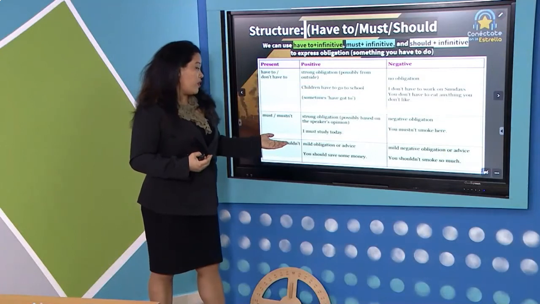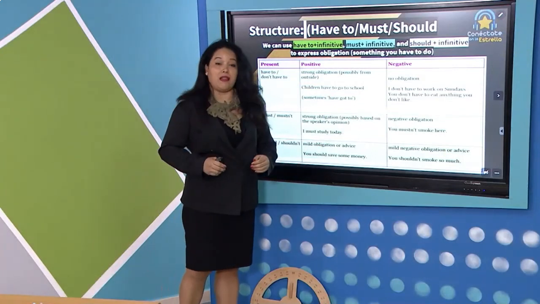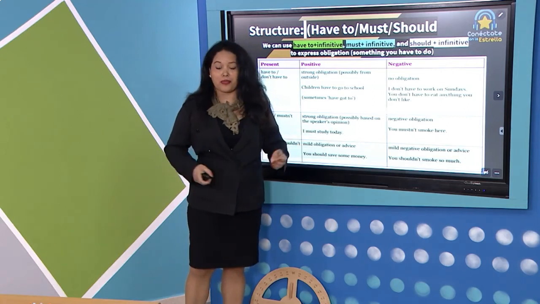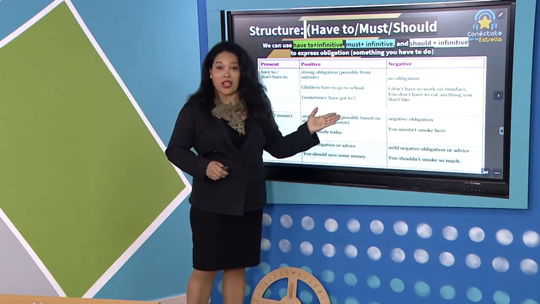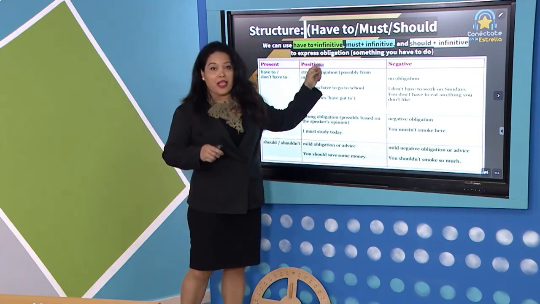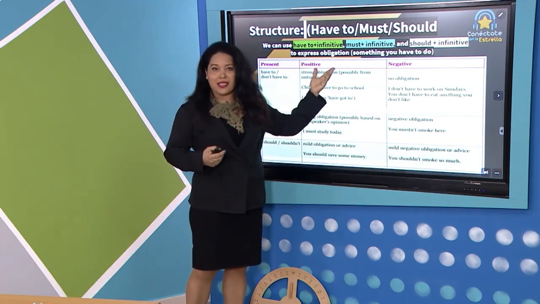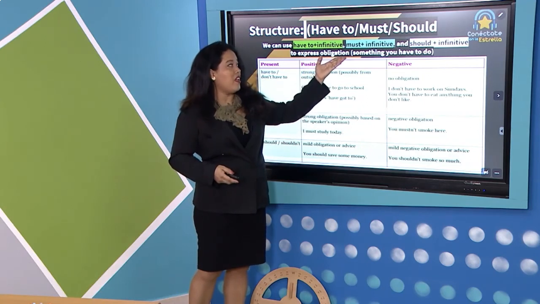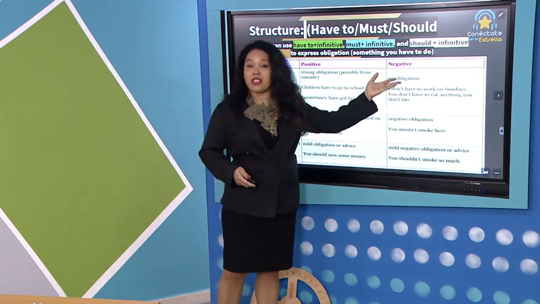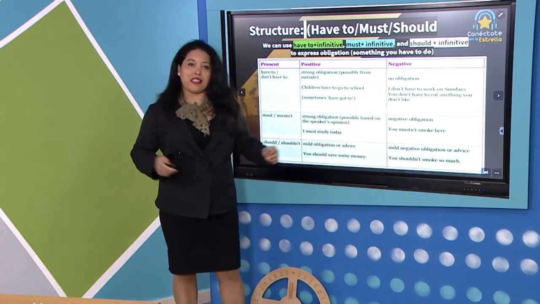For example, you should save money. And in negative, you shouldn't smoke so much. So we have to use modals with have to plus the infinitive and the rest of the sentence. And the same with must plus infinitive or should plus infinitive and the rest of the sentence.